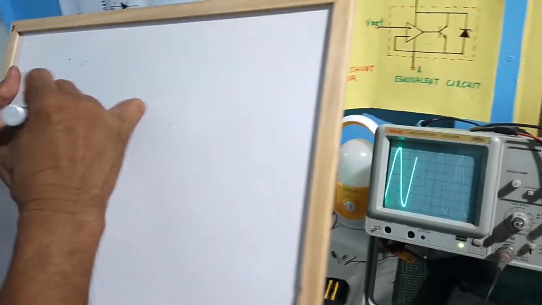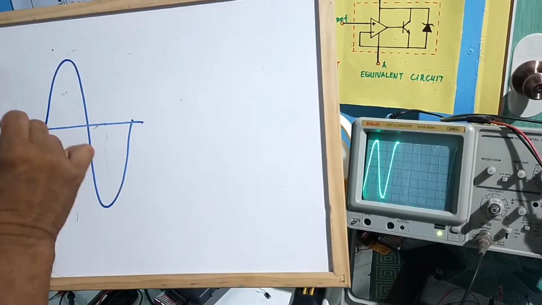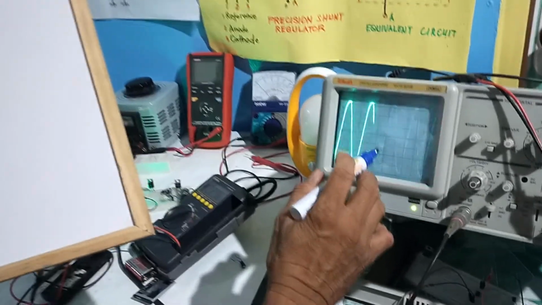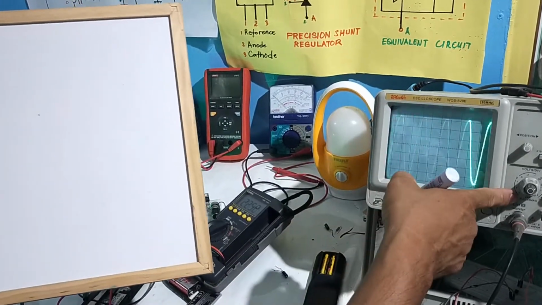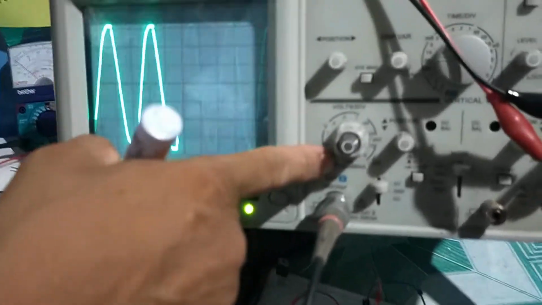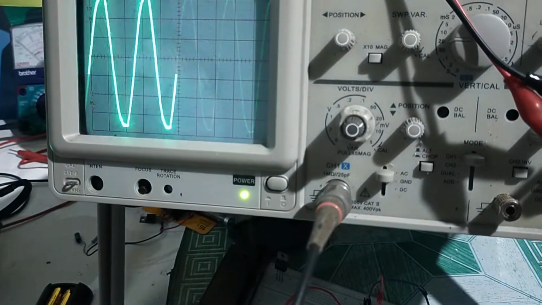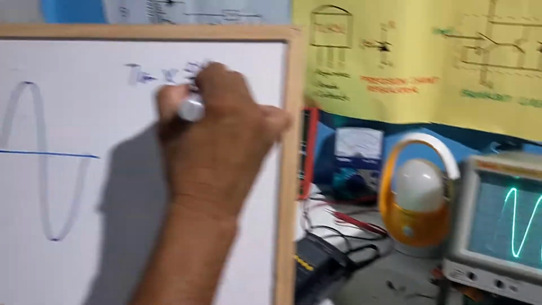It goes like this, class. 0, positive, negative. 1, 2, 3, 4, 5, 6, 7. 7 centimeters times 5 volts. Here, the range is 5 volts. So, 7 centimeters times 5 volts per centimeter.